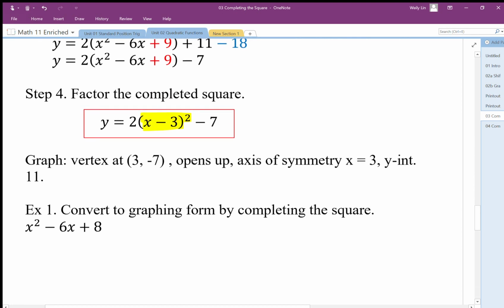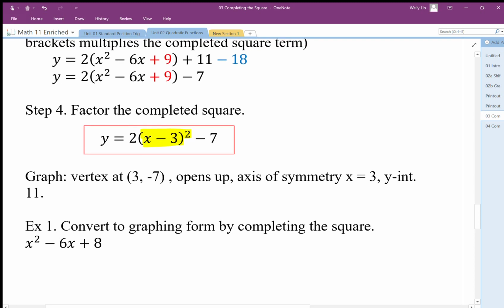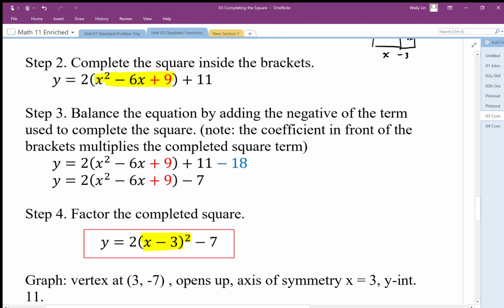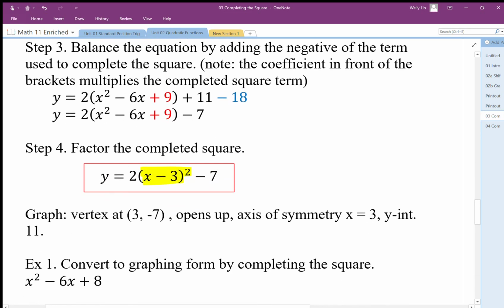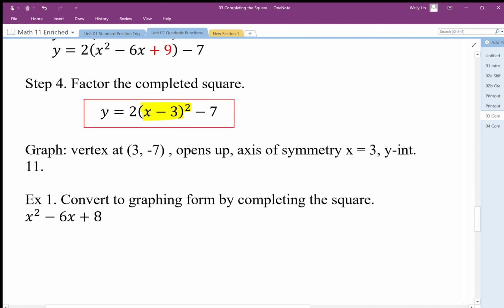Now we have the graphing form, which is much more convenient to graph. We can identify the most important part, which is a vertex at 3, negative 7. Our axis of symmetry is at 3. And the y-intercept, we can get by plugging in 0, or we can go back to our general form and get our y-intercept of plus 11.